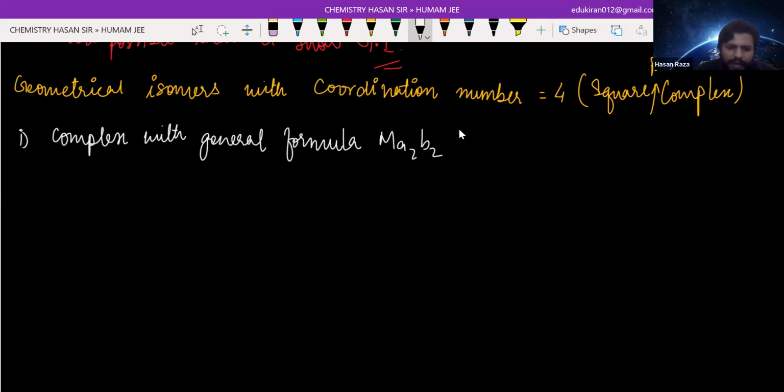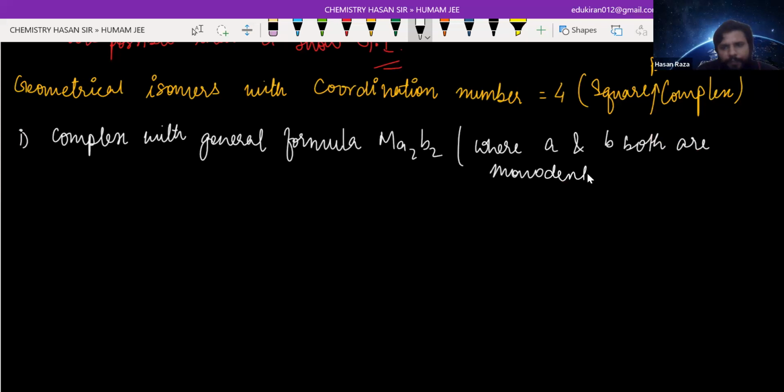Four ligands are there, A and B, where A and B both are monodentate. Are you getting my point? Now, I'm going to write here: a complex with general formula Ma2B2 can have cis and trans, because I know that and I will prove it.